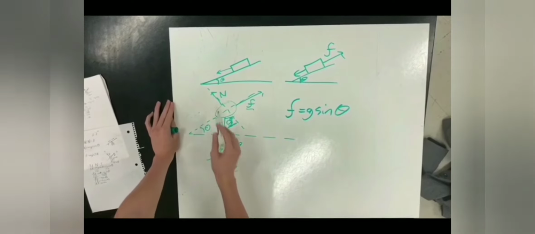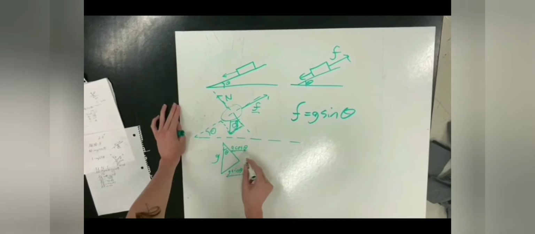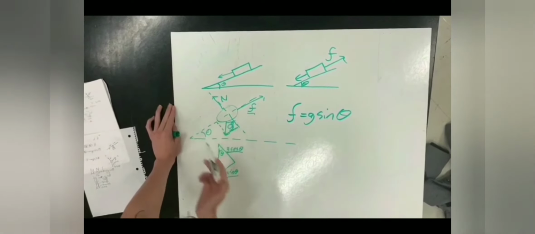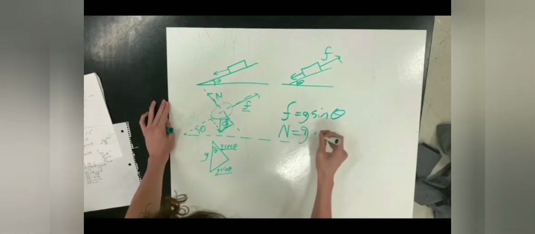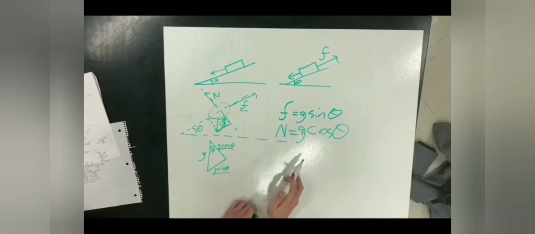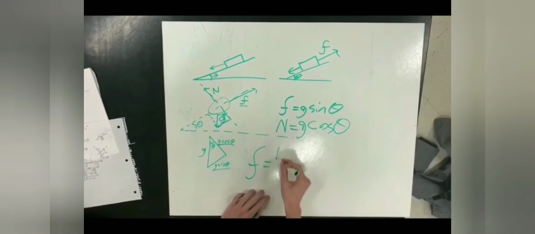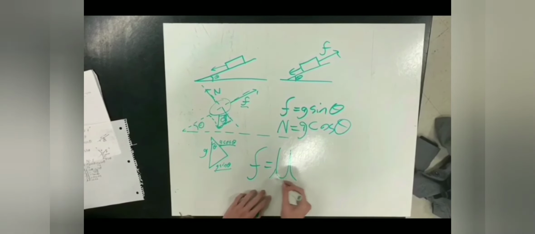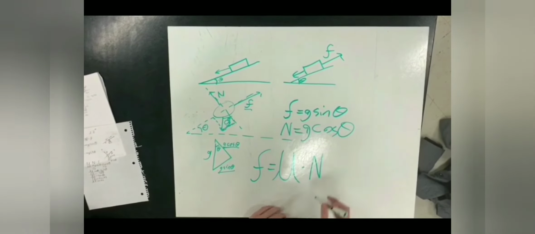We also know, since normal force and this force, which is G cosine theta, are the only ones on the y-axis, that the normal force has to equal G cosine theta. We can now plug this all into the friction equation, which is friction equals nu times the normal force.